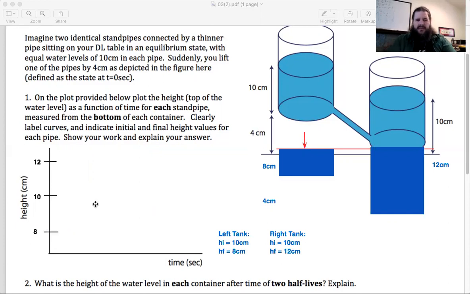So we know both of these graphs are going to start at 10, and one of them approaches 12, the other approaches 8. So if we fill those in as asymptotes, we know one has an asymptote at 12, one has an asymptote at 8. And they both start at 10.